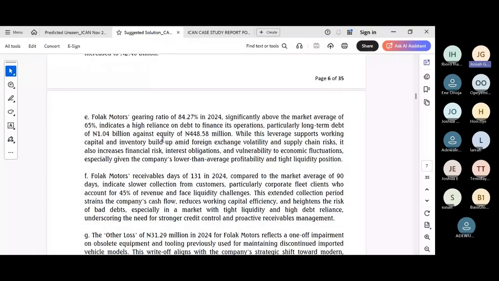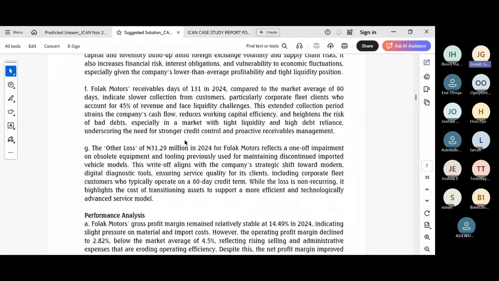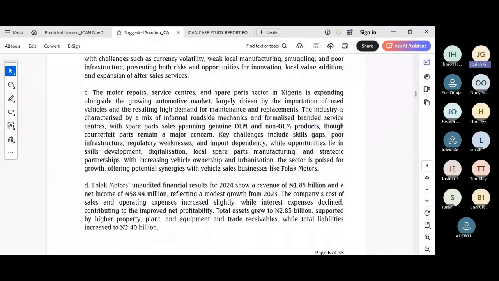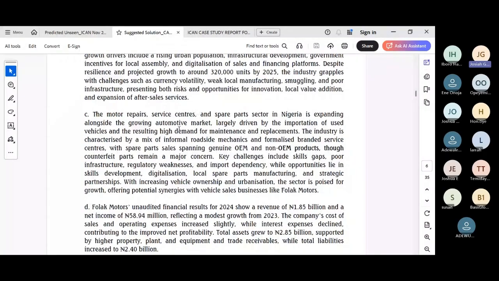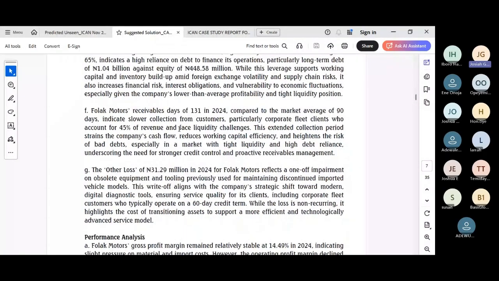So any information that is added to the unseen that you did not come up with yourself, you could provide thoughts on it on the first box, whether requirement 1 or 2, just to pick your marks. I also talked about the receivables in that average, and I talked about other loss also. But 4, don't go more than 4 so you don't waste time. 4 hours is like 40 minutes in the case study, so try to maximize your time. So a lot to read about.